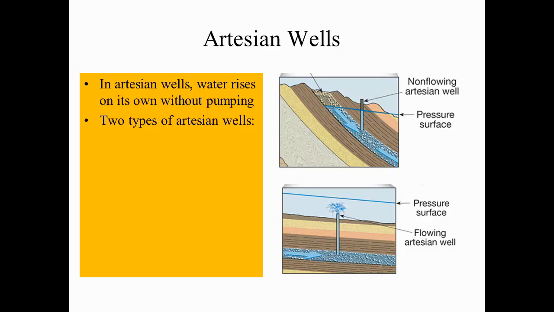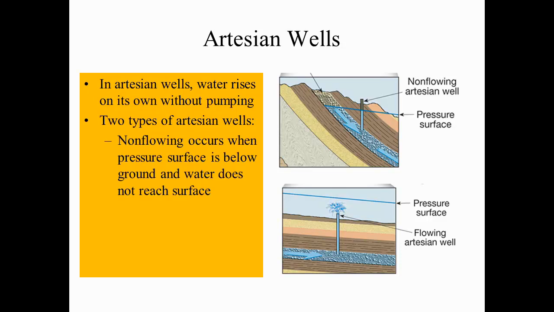Now, in artesian wells, water rises on its own without pumping. There are two types of artesian wells. One type is non-flowing, and this occurs when the pressure surface is below ground and the water does not reach the surface. For example, in this upper figure, looking in more detail at the recharge area of the aquifer in the previous diagram, notice that the pressure surface corresponds to the height of the water table within the recharge zone.